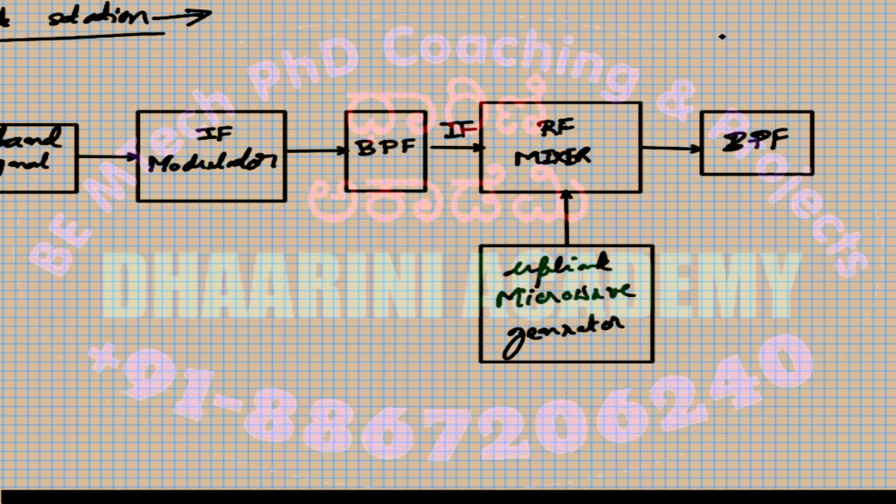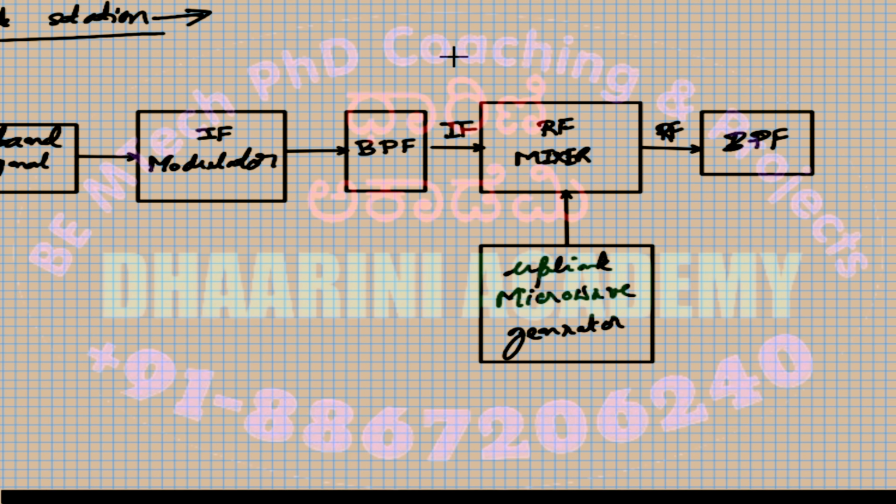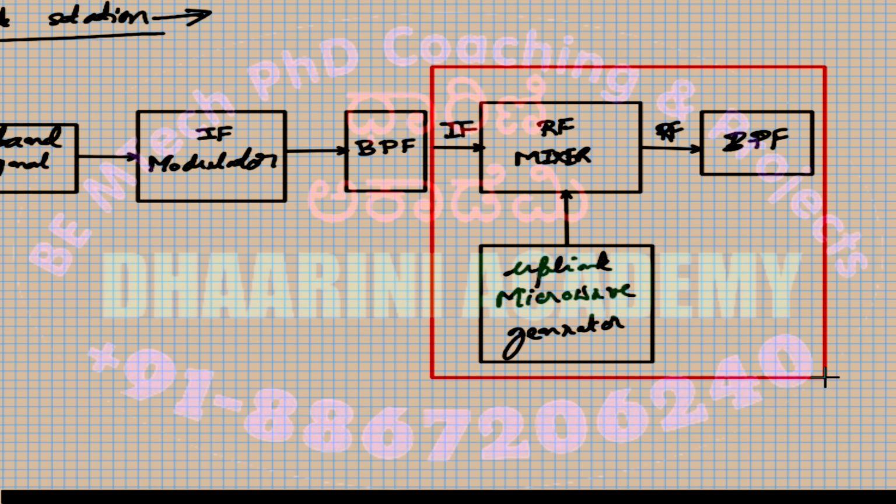Now you see this is actually the radio RF wave, because it is microwave. Now there is a specific name for these three components. When we club all the three components together like this, they are called the up converter.